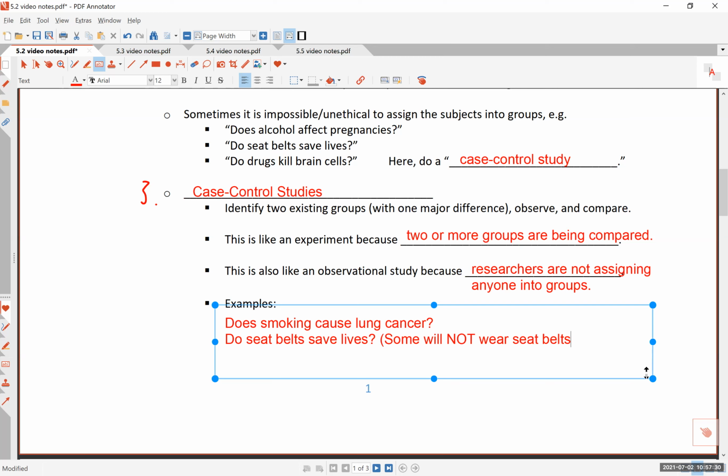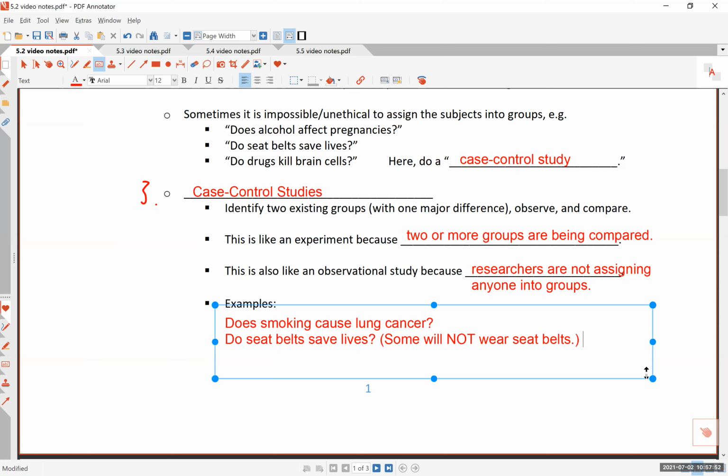I hope you're not one of those people, but some people will not, and some people do. And so you can compare the two naturally divided groups, the seatbelt wearing drivers and non-seatbelt wearing drivers, and their fatality rates.